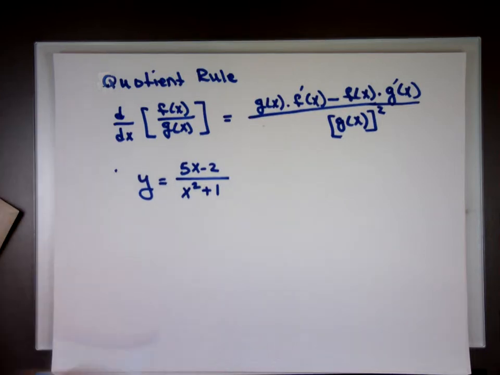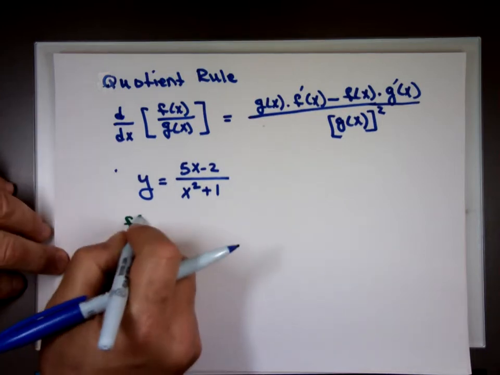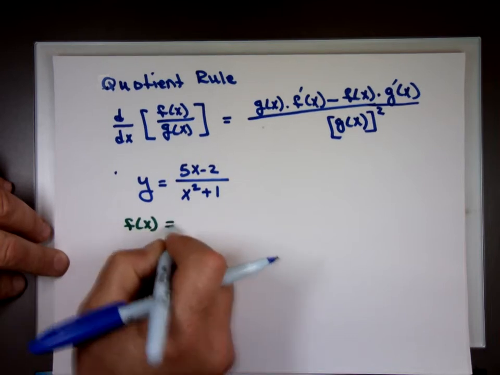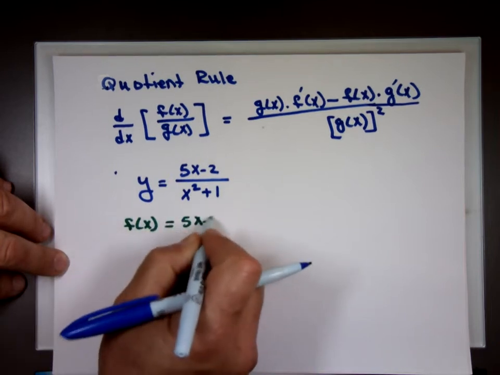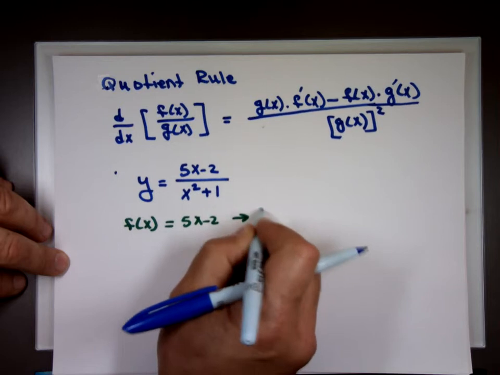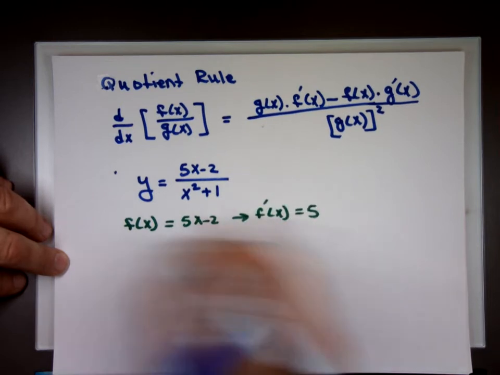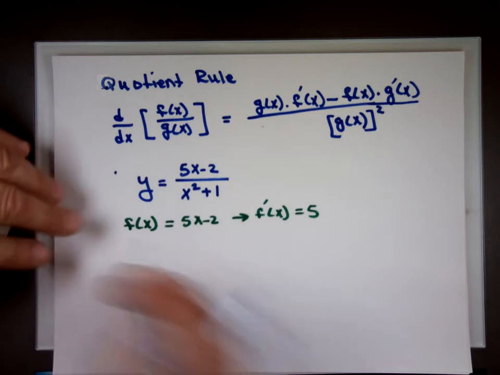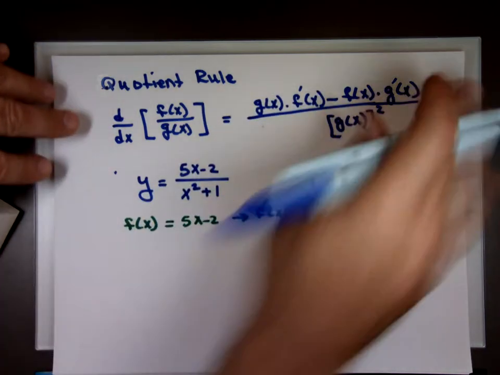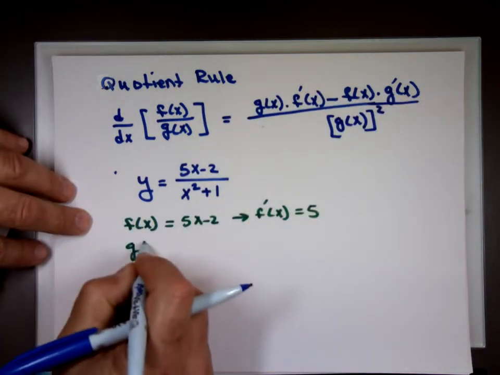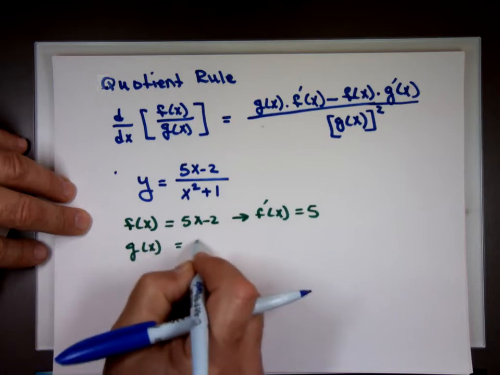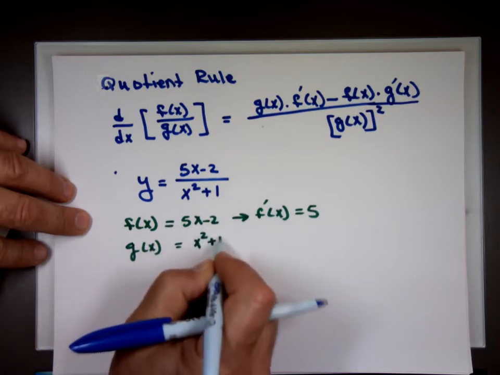So the quotient rule here, again, f is the top. And what's the derivative of that? Notice I like to do these first. This way I'm not looking back and forth, so when I get to that equation, I just plug in the values. g of x is x squared plus 1.